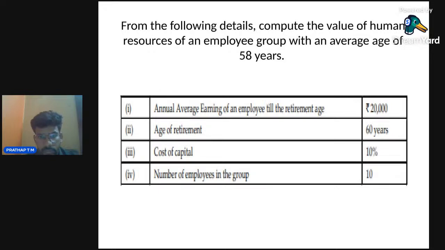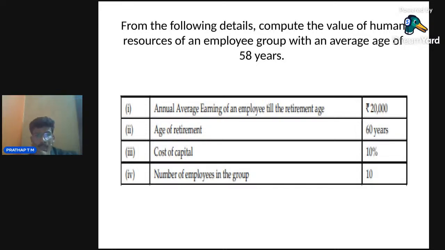There is a third table. Annual earnings is over. Next one is annuity factor, present value factor, and the last one is present value.